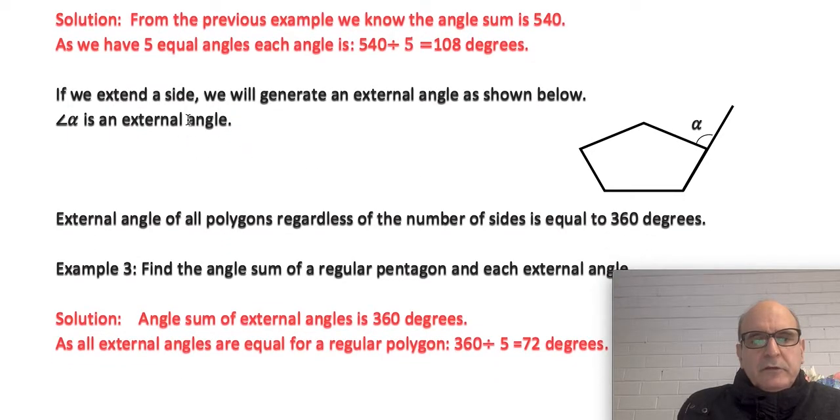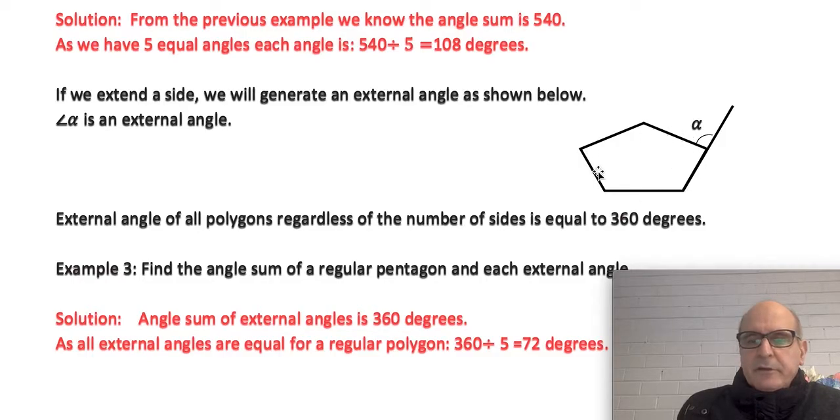The next thing we've got to talk about is external angles. So here I've got a pentagon. And as you can see, it's not a regular one because the angles are different and the sides also are different.